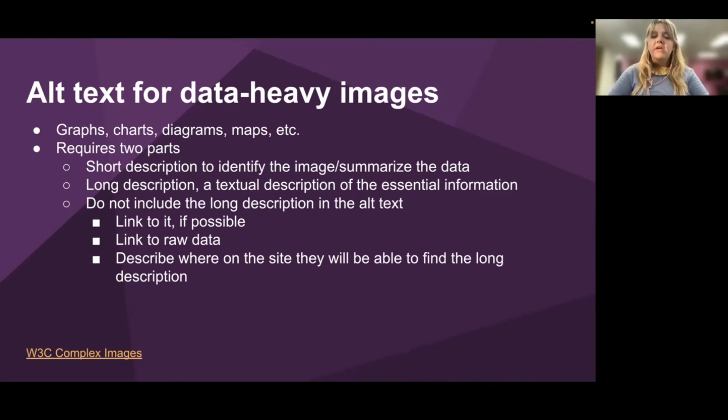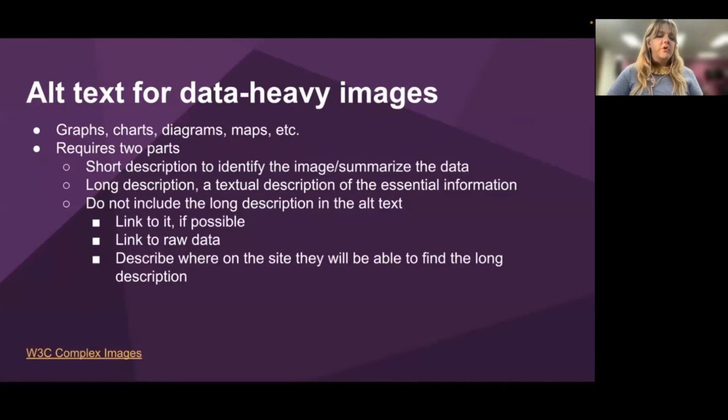This can be tricky, and we've added a bunch of resources at the end that you can go through and see some really great examples of what to do with these different scenarios. But in general, it requires two parts. First, you have your short description to identify the image and summarize the data. Second, you have your longer description, which is a textual description of the essential information.